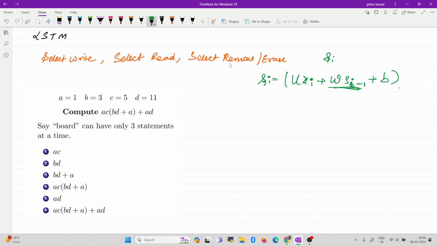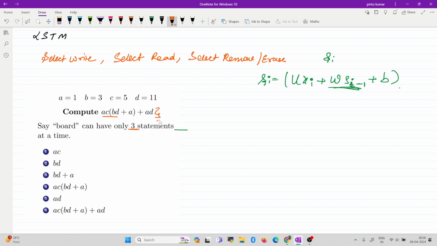Let's begin with an example. Let's say you have a board where you have only 3 lines available, so you can write only 3 statements. You have to compute AC, BD plus whatever this expression is.